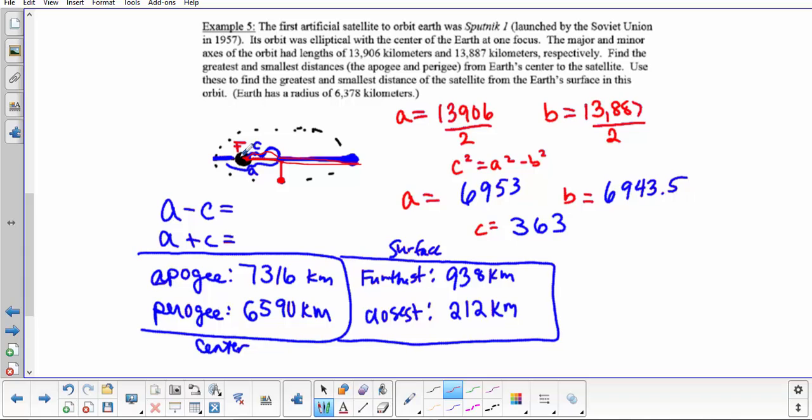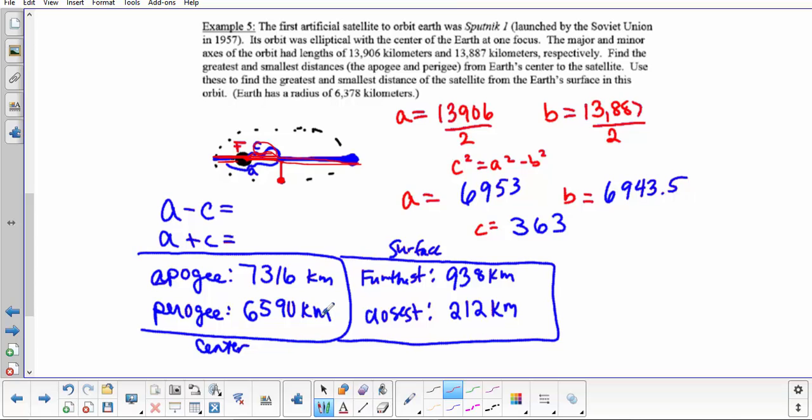Then from there, we are going to do the same thing, only opposite. We're going to do a minus c, because it's this whole side minus this little bit here will tell us how far that is.